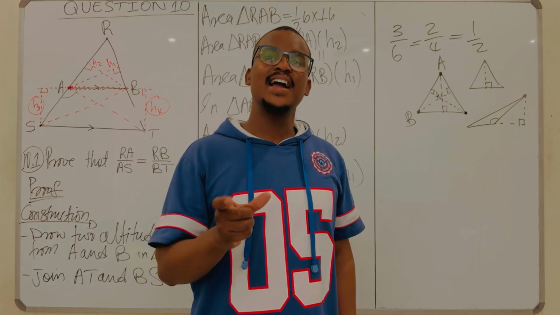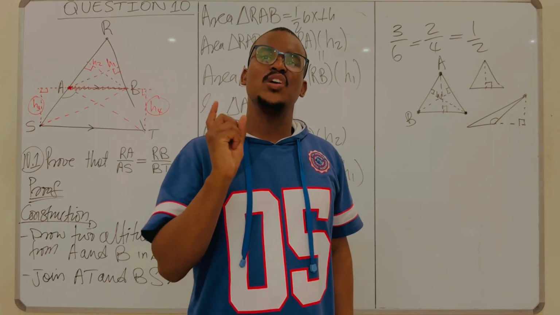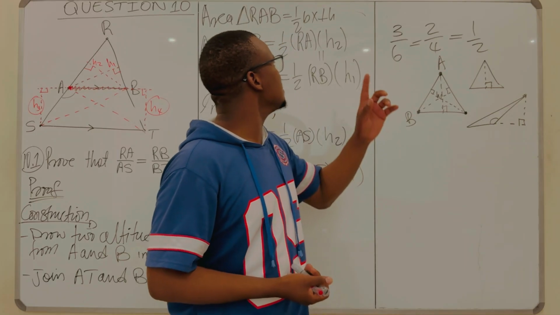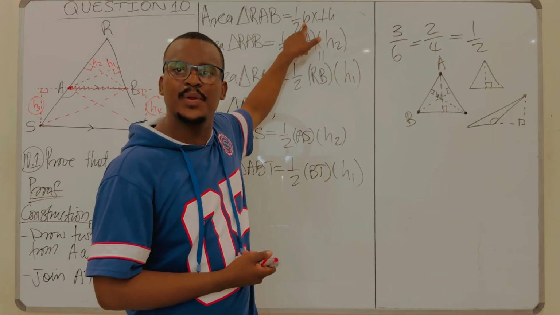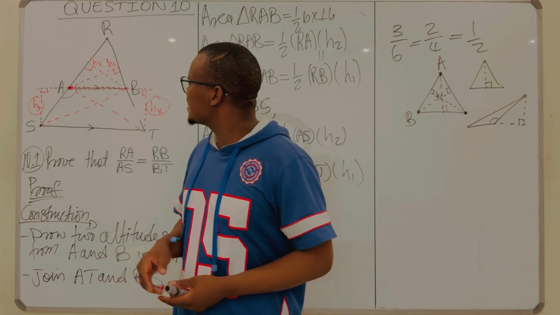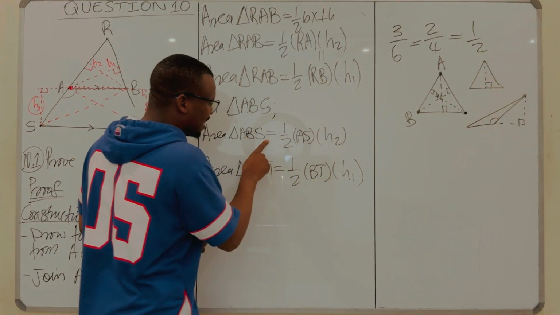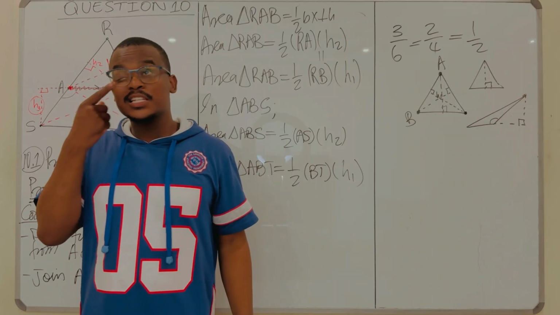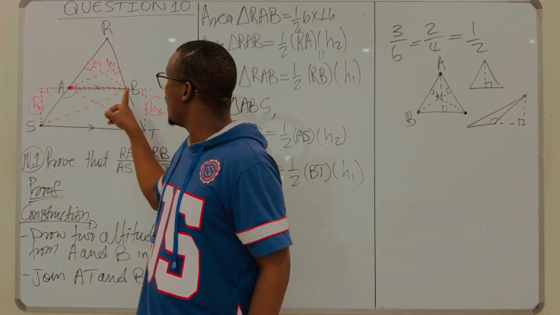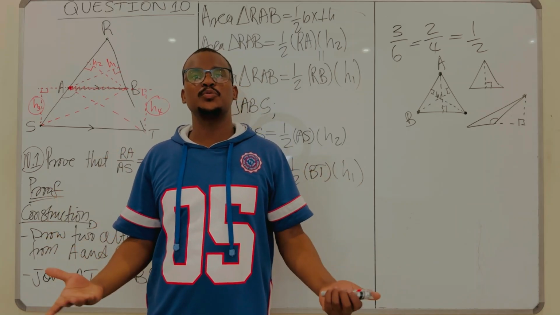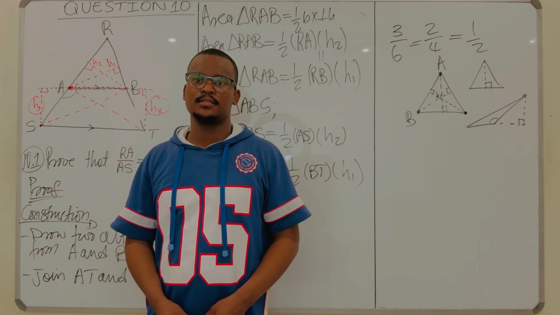In that case, their areas will be the same, because the area of the triangle is half the base, which is the same in both of them, times the perpendicular height, which is the same in both of them. So the area of triangle ABS and ABT should be the same, because these triangles have the same base, your AB, and the same perpendicular height, because it's the distance between two parallel lines.